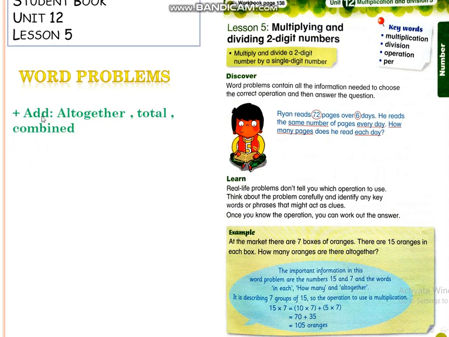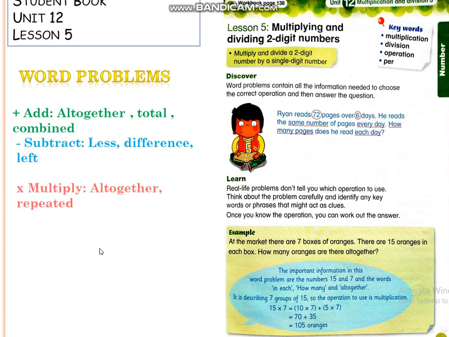Over here, when I see, for example, all together, total, or combined, most of the times it means to add. When I see, for example, less, something is less than that, or how much that object is less than the other one, or something like what is the difference, or how much money is left, I often need to subtract here.